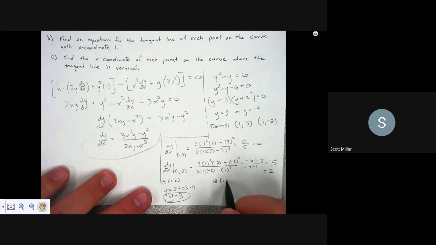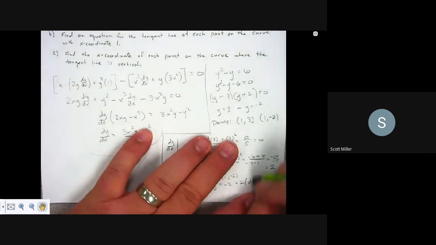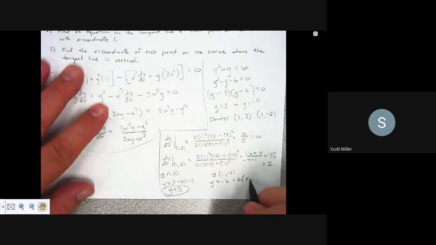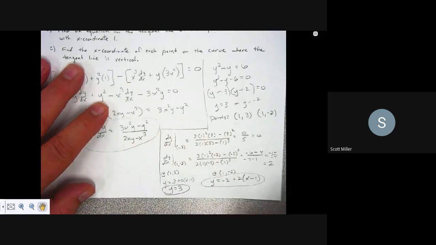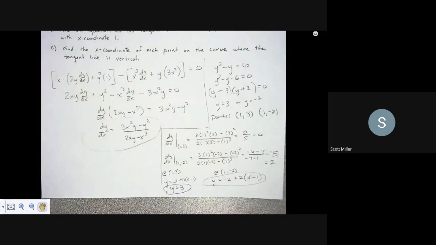At the point (1, negative 2), I get y equals negative 2 plus the slope times (x minus 1). And so there's my tangent line there. This is a common thing that they do on the AP exam, so you want to make sure that you can do this one, okay?